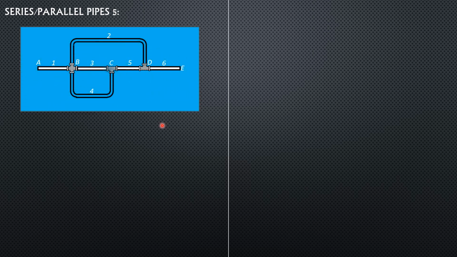Then let's have series parallel pipes, case 5. This is the last case. So for discharge, Q equals Q1 equals Q6. Q1 equals Q2 plus Q3 plus Q4.